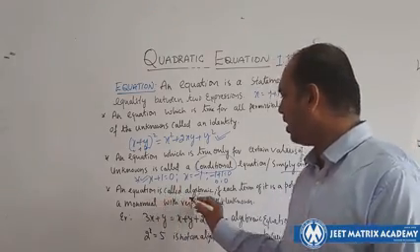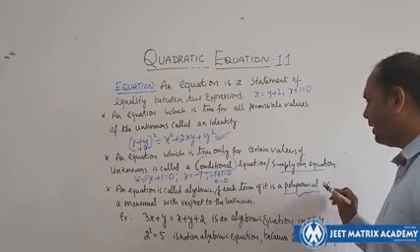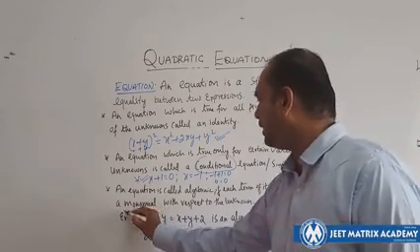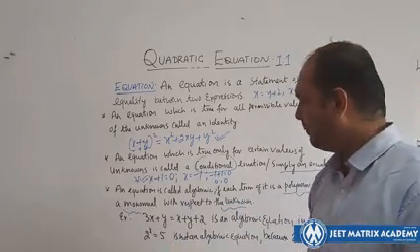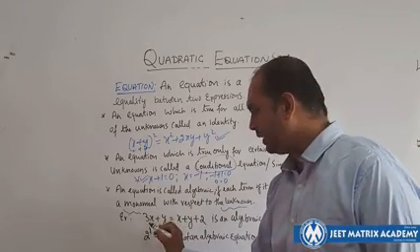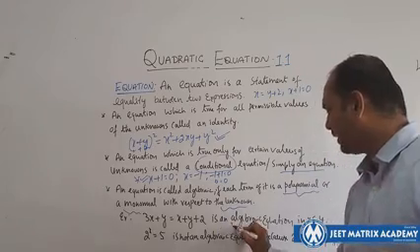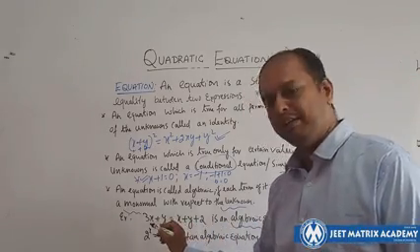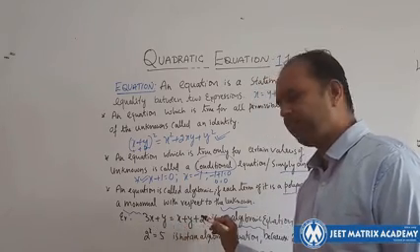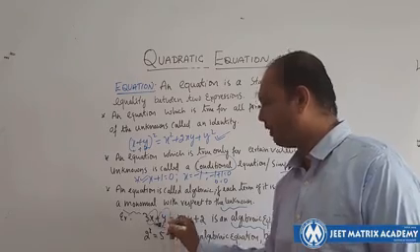An equation is called algebraic if each term of it is a polynomial or a monomial with respect to the unknown. For example, 3x plus y equal to x plus y plus 2 is an algebraic equation, because it involves two variables, x and y.